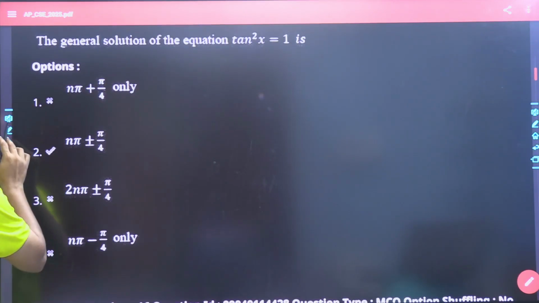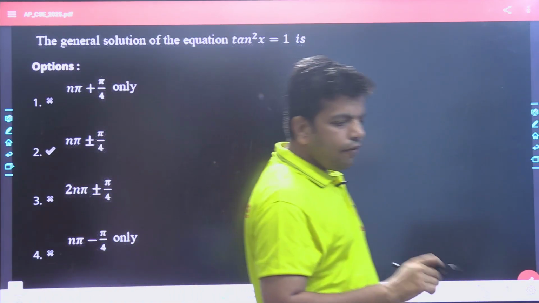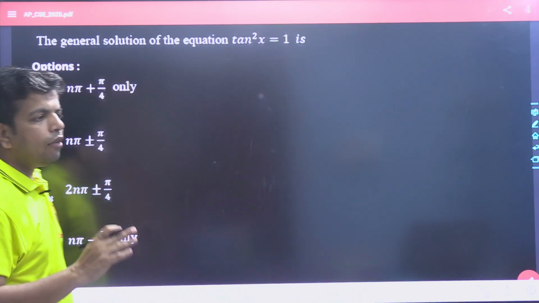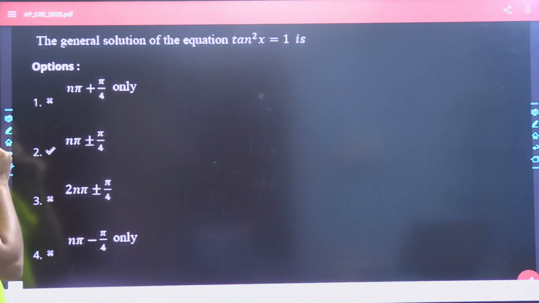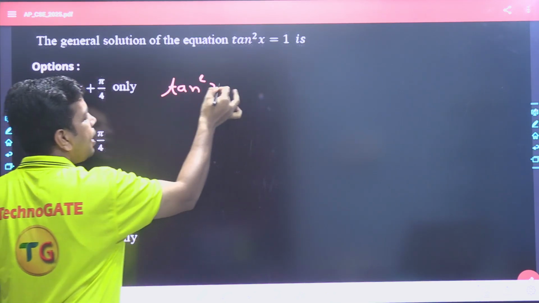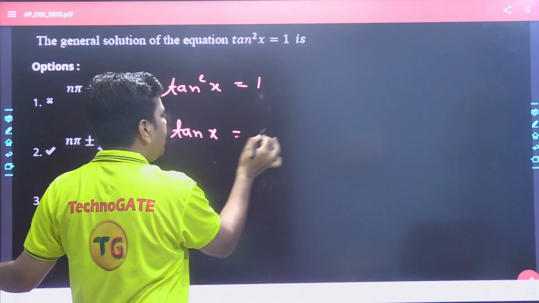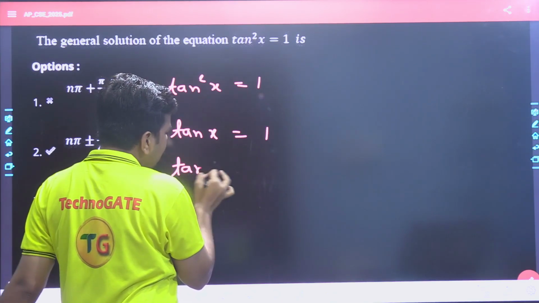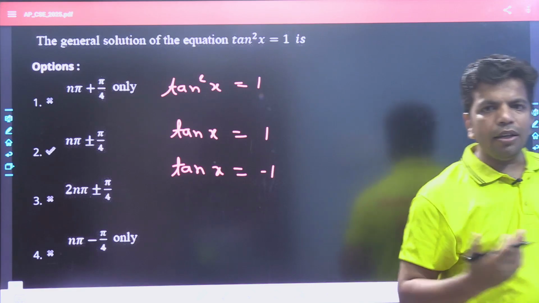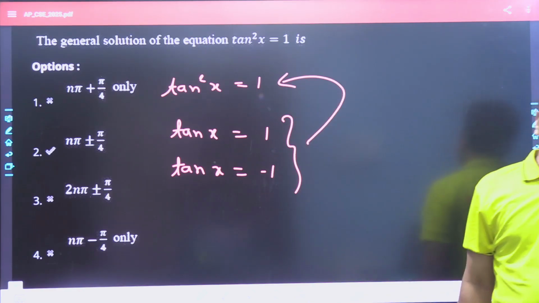General solution of tan square x equals 1. It is given that tan square x is 1, so what would be the general solution for this? The value of tan x may be 1, or maybe minus 1. So either it is 1 or minus 1, both cases are going to satisfy.